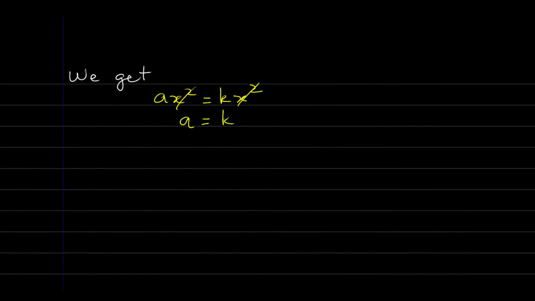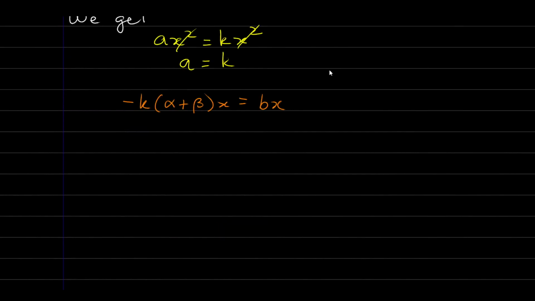So let's look at that orange one. Minus k into alpha plus beta x is supposed to be equal to bx here, right? Now, since k is equal to a, we have minus a into alpha plus beta x equal to bx.